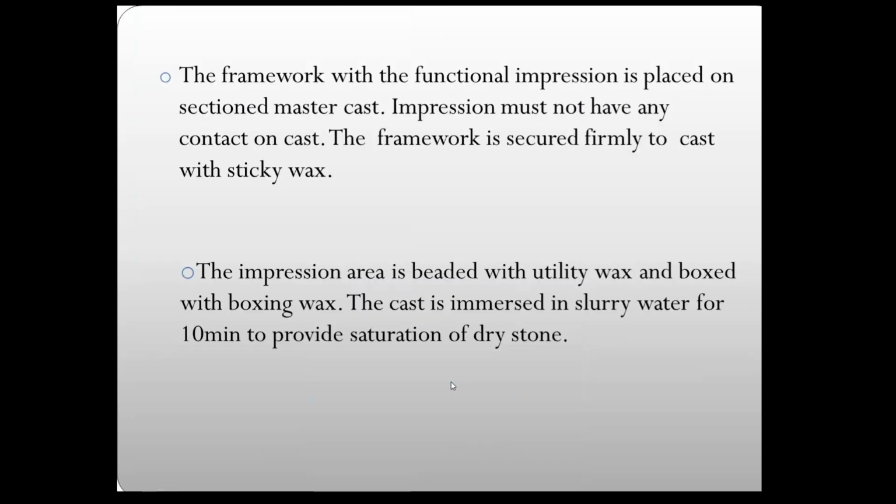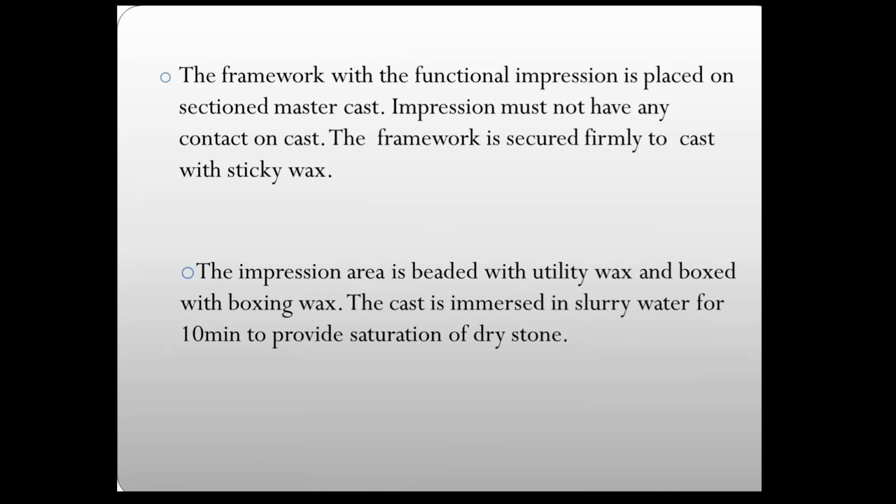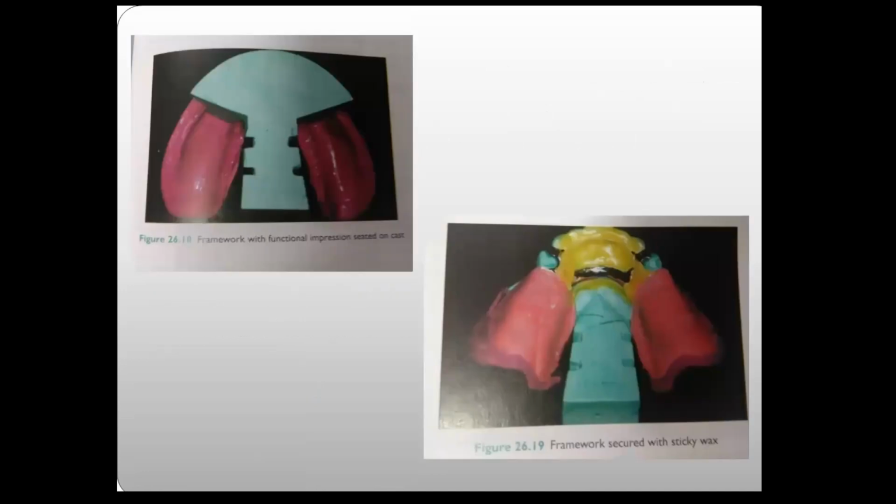Then the framework with the functional impression is placed on the master cast and secured with sticky wax. This picture shows our functional impression sitting on the master cast, and the posterior portion is removed, and the impression is not making any contact with the existing master cast, and we secured the framework using sticky wax.